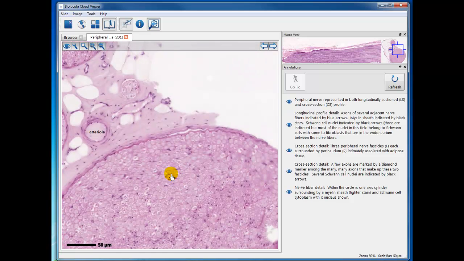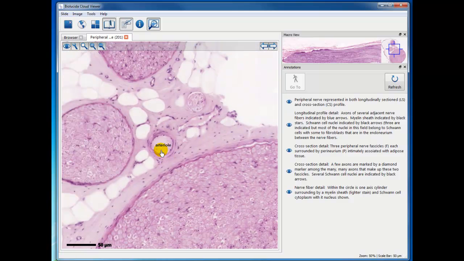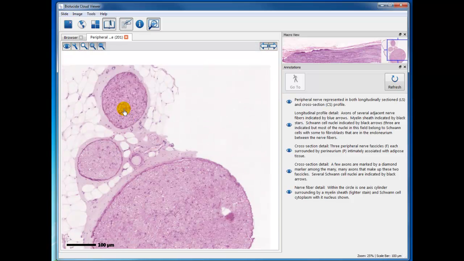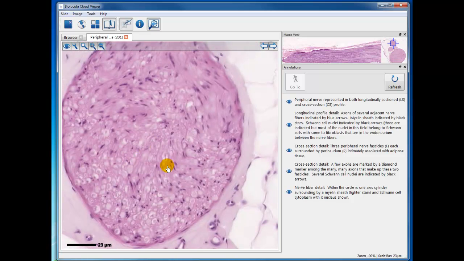Okay, and out here's an arteriole, which you're not studying yet, but you will soon. But you are studying smooth muscle, so there's 2 or 3 layers of smooth muscle cells around this arteriole. And a couple of other small fascicles here.